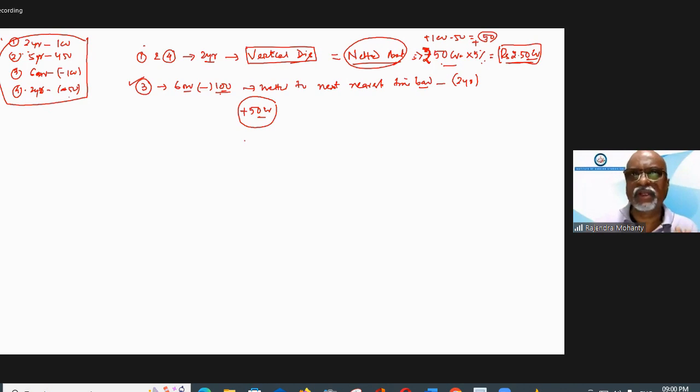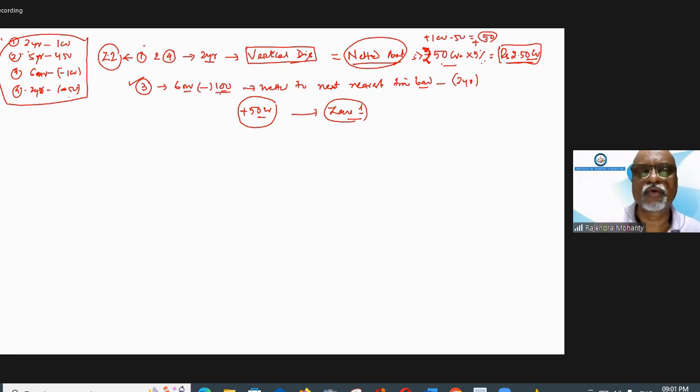So this position of 3 is in which zone? If you see the zones I have given, 6 month is in zone 1. This is zone 1 only. Whereas these positions of 1 and 4 are in which zone? Because zone 3 is more than 3.6 years, this is zone 2.